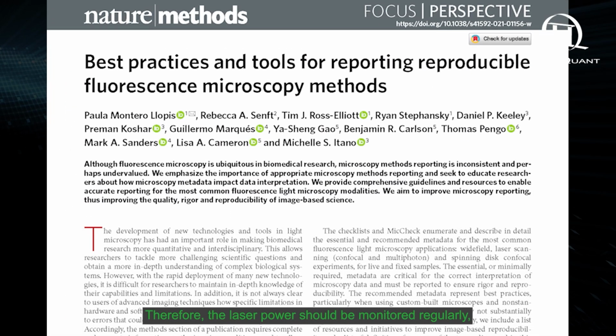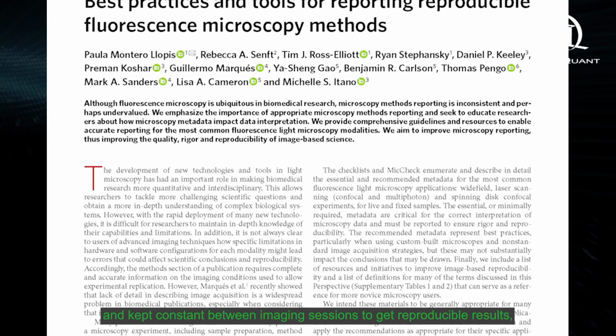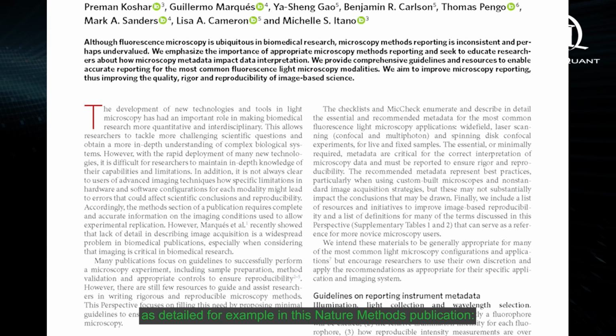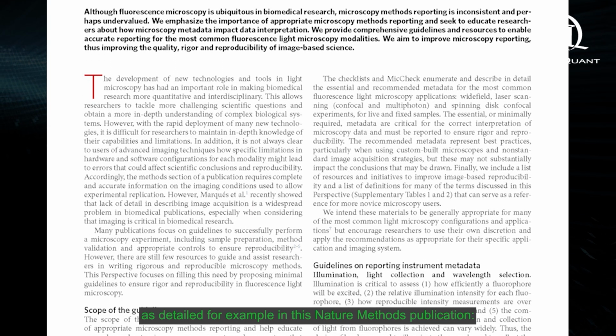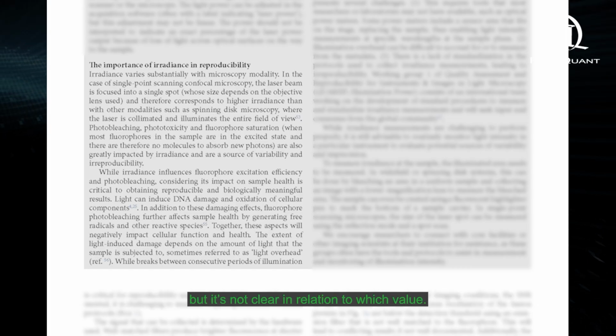Therefore, the laser power should be monitored regularly and kept constant between imaging sessions to get reproducible results, as detailed, for example, in this Nature Methods publication. Other commercial microscopes usually state the laser power in percent, but it's not clear in relation to which value.